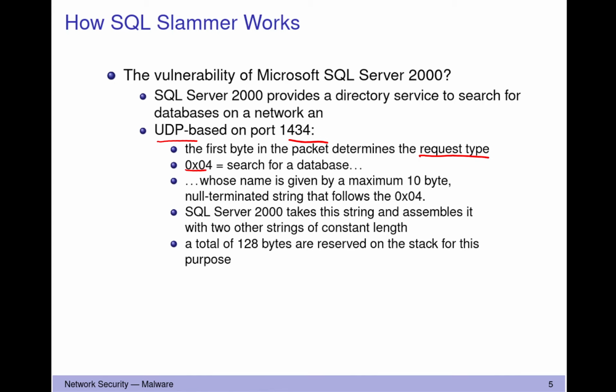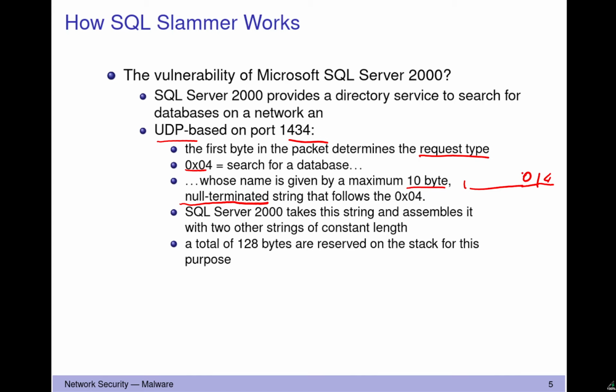You had a maximum of 10 bytes to specify the name, and these 10 bytes had to be null terminated. That means that somewhere in these 10 bytes there's a 0 byte, which is followed by a 04 byte basically.